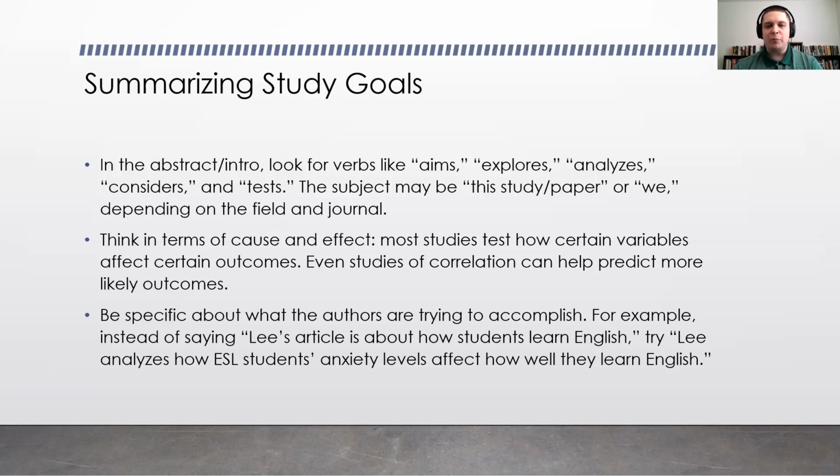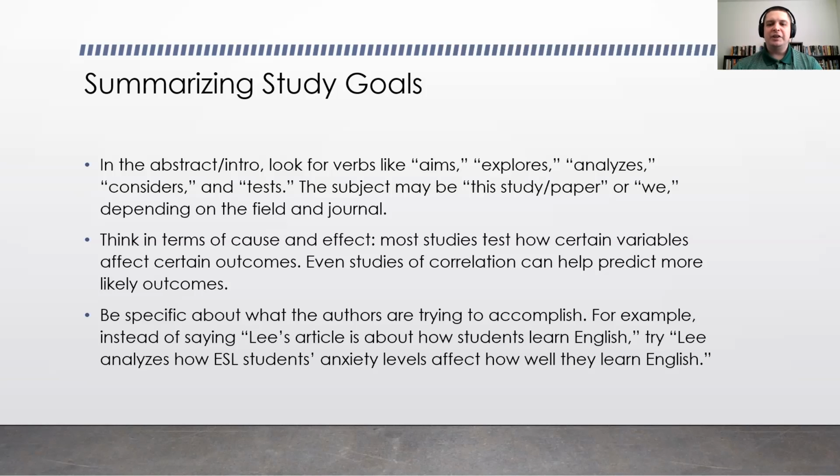In your summaries, I want you to be very specific about what the authors are trying to accomplish, because you're going to be reading stuff in very similar fields, ideally looking at a cluster of related research questions I talked through when we went over assignment 2.